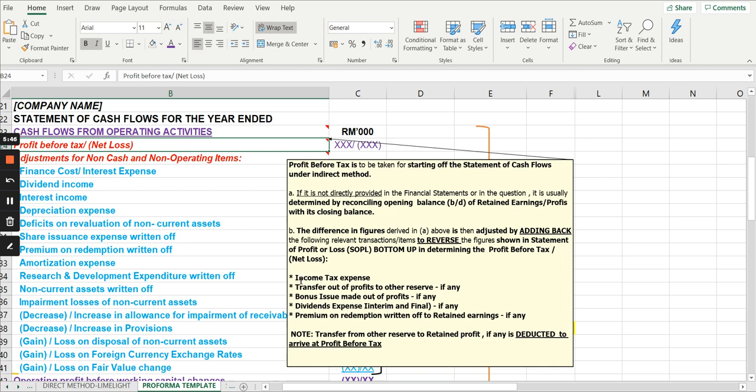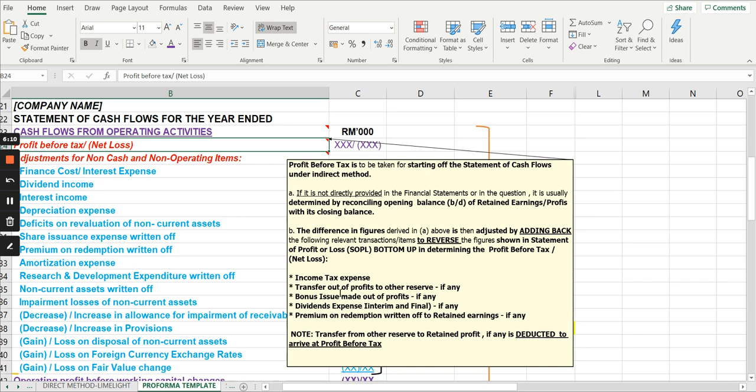So that has to be added back to reverse the figures shown in the statement of profit or loss. It will be done bottom up to determine the profit before tax, so you have to add back the income tax.